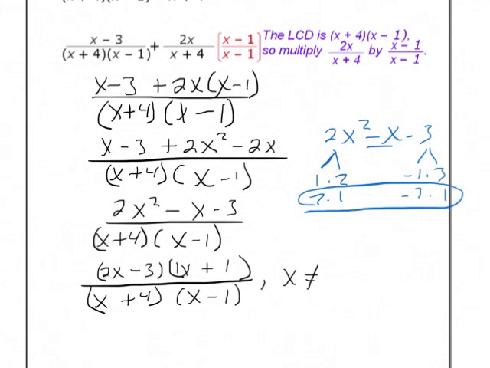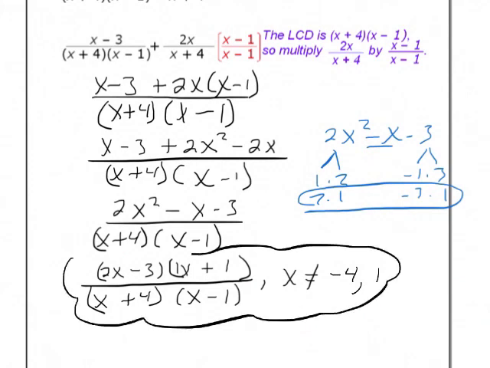In other words, it'd make the denominator go to 0. And if you plugged a 1 right there, it would make that factor go to 0, meaning it's undefined. So you're going to say x is not equal to negative 4 and positive 1. Alright, and there is the review from last class period.